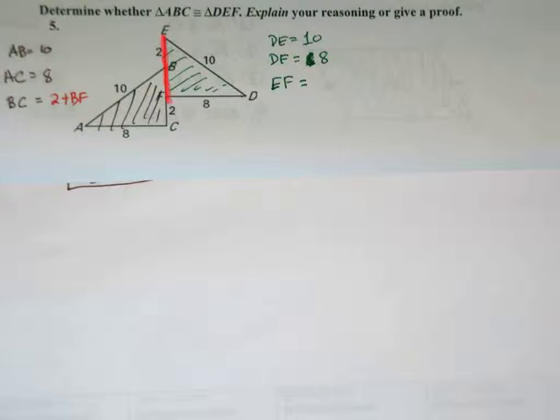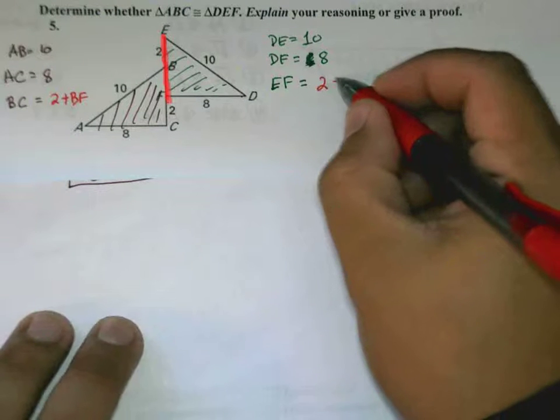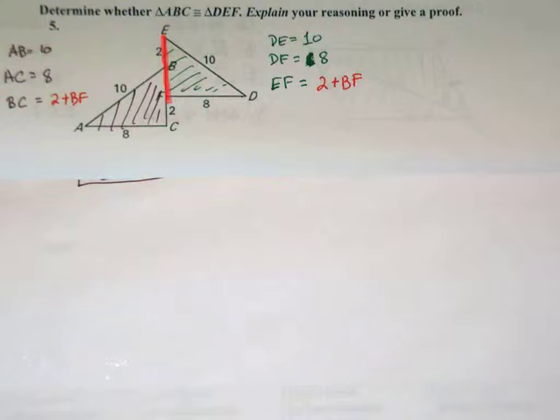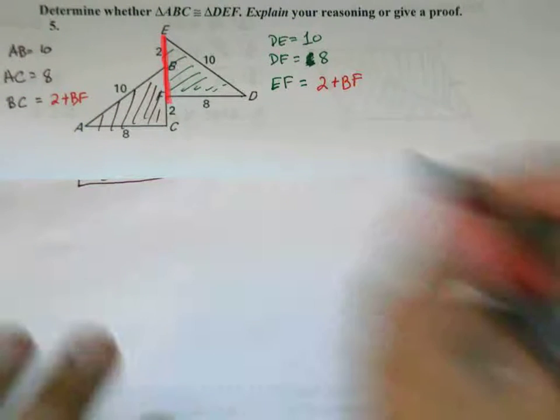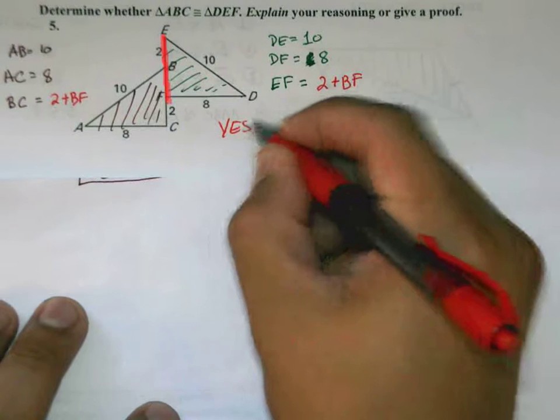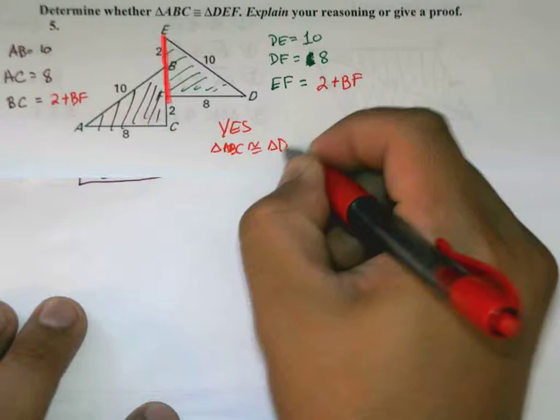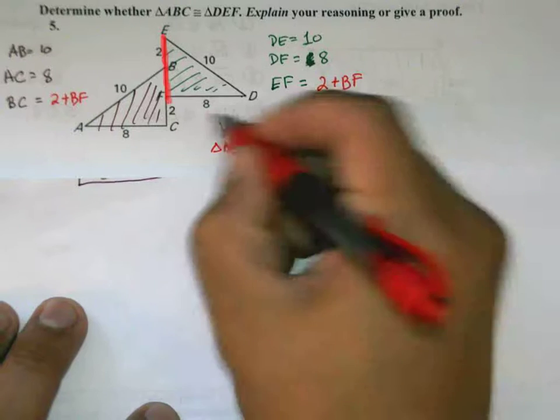EF is 2, that's this segment, plus BF. So from this picture, it should be rather clear that these two triangles are in fact congruent. So yes, triangle ABC is congruent to triangle DEF. That's our final answer.